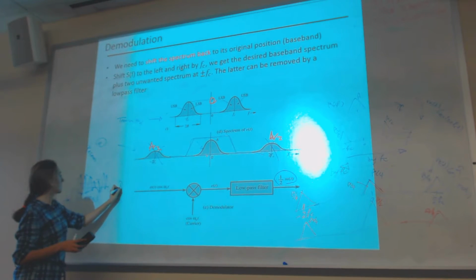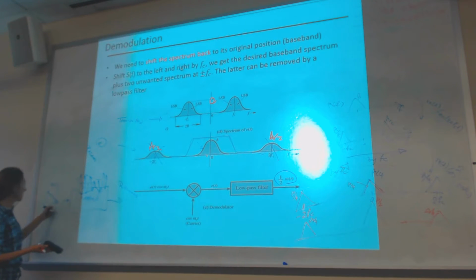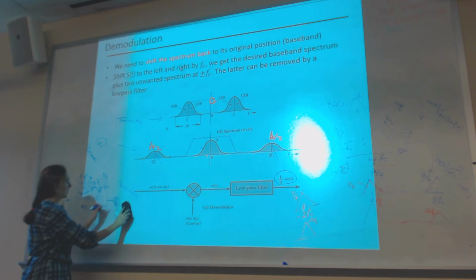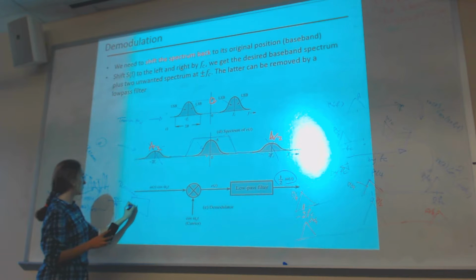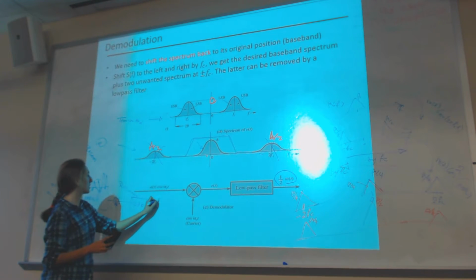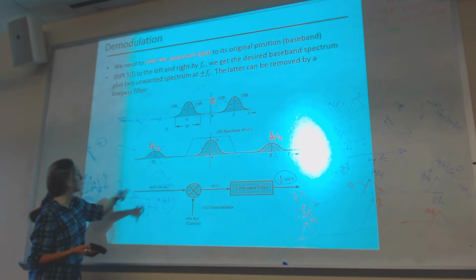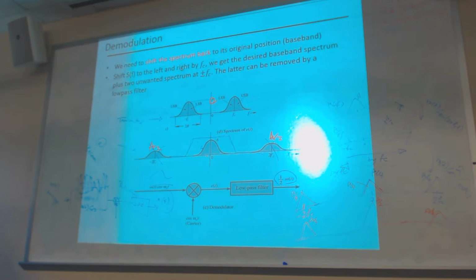But then at the receiver, you want your m(t) back. So this is m(t) times cosine. Therefore here you multiply by another cosine, you put a low pass filter to get your m(t) back. So now it makes sense. Anybody that listens to me, it makes sense.